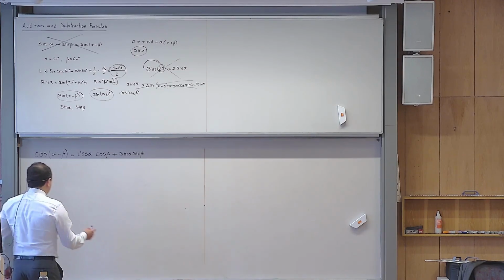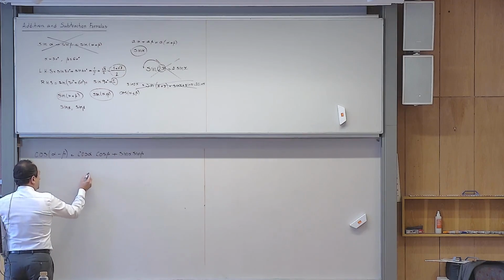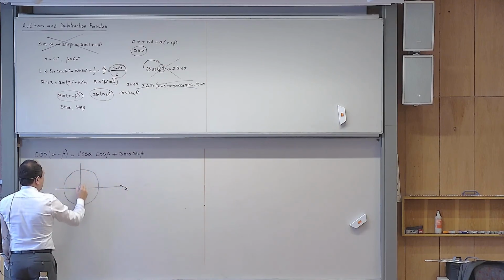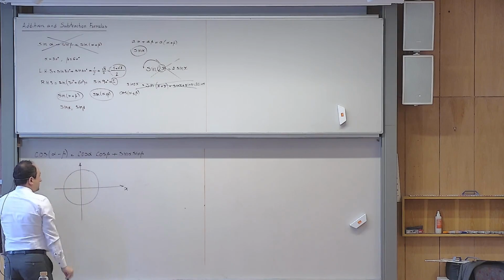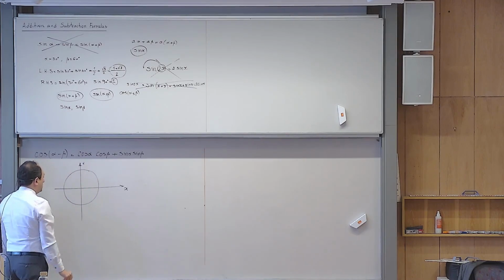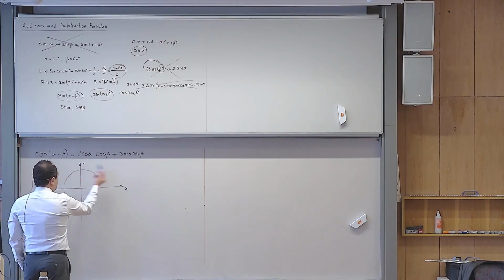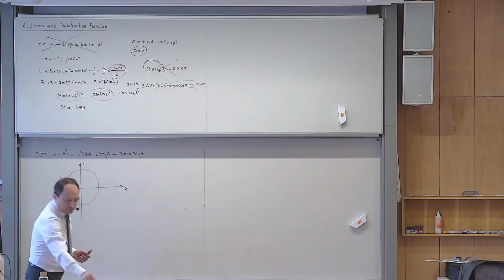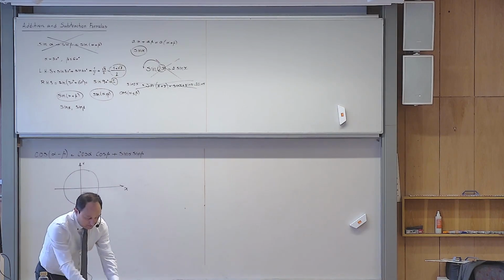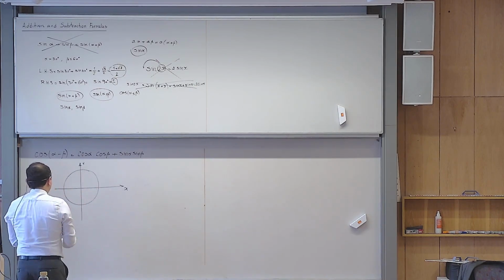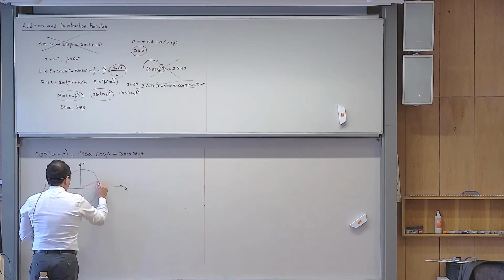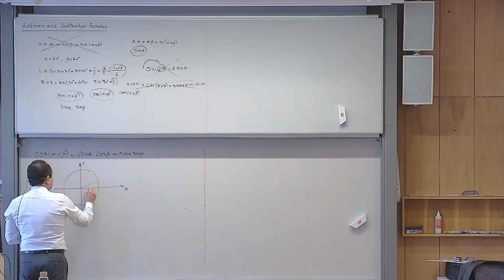So let me just try to motivate you. If I draw a unit circle, the unit circle with the coordinate system, for example, let us consider alpha is a trigonometric angle. Let us say that this is alpha. Let us assume that this angle is beta.